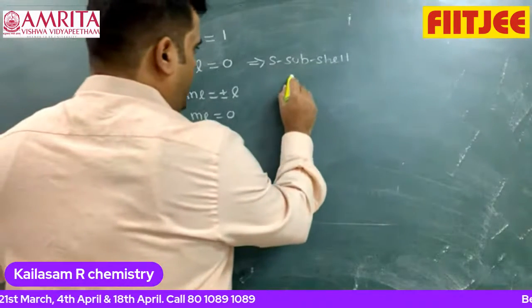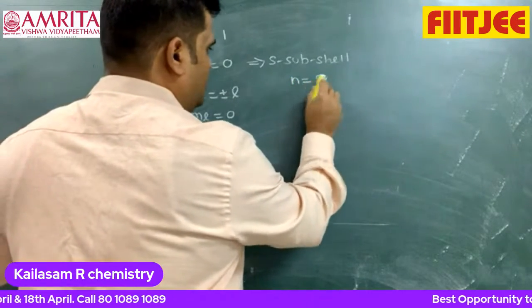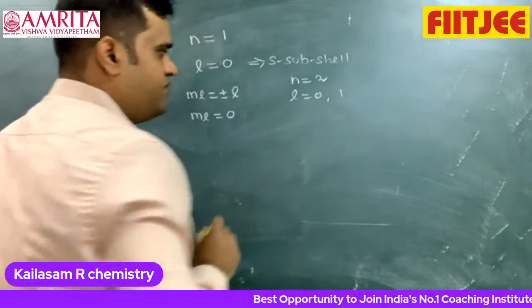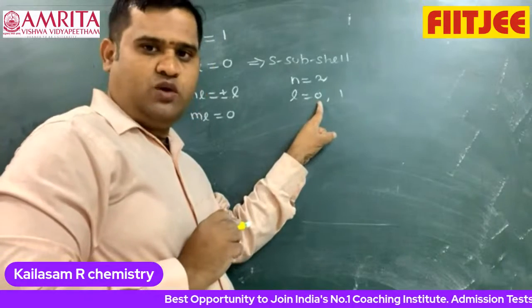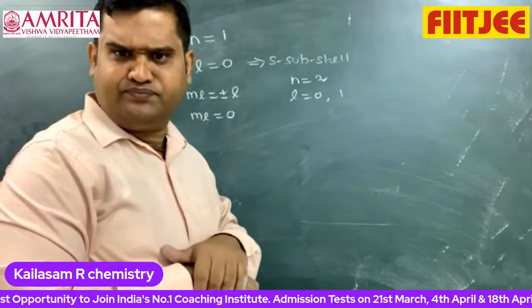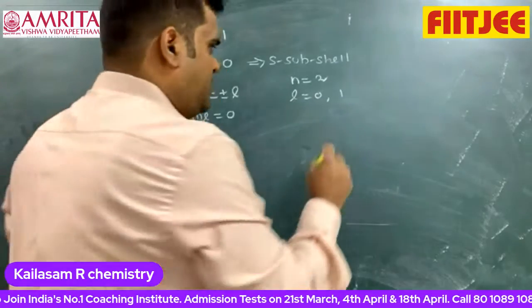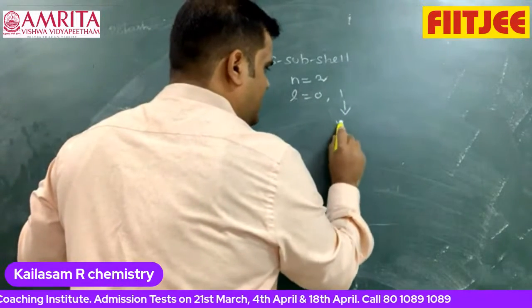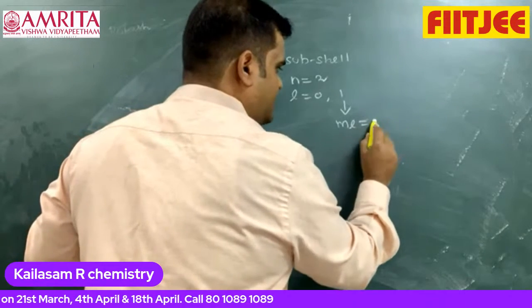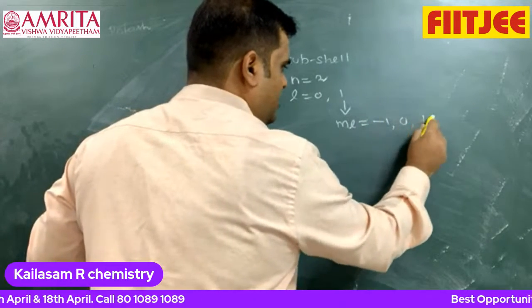Now, how do we come to the next point? When n is equal to 2, obviously what are the l values? 0 and 1. When l is equal to 0, it is the s subshell. When l is equal to 1, it's a p subshell. So for the p subshell, ml is minus 1, 0, plus 1.